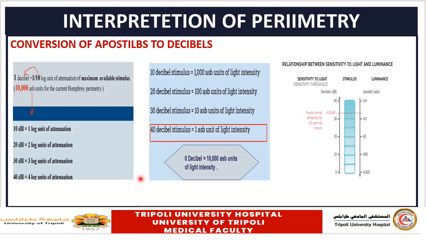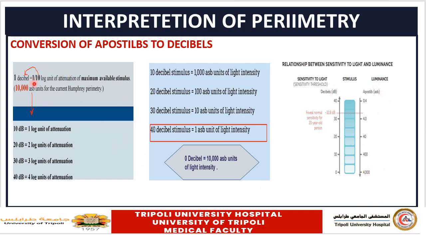To understand the conversion from apostilbs to the decibel system, as you know, the unit used for measuring the intensity of the stimulus is the apostilb. That's a measure of the luminance, or the intensity of the light. Now, they assume a logarithmic attenuation of this stimulus. The maximum stimulus in the Humphrey system is 10,000 apostilbs. However, in the Octopus system, it's around 4,000 apostilbs.